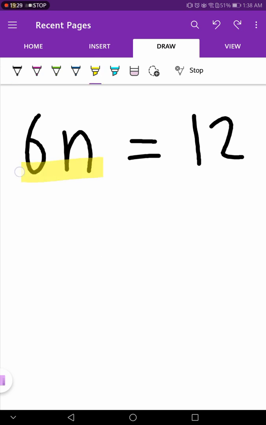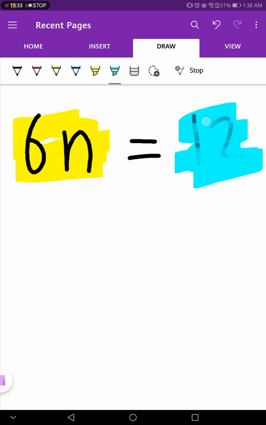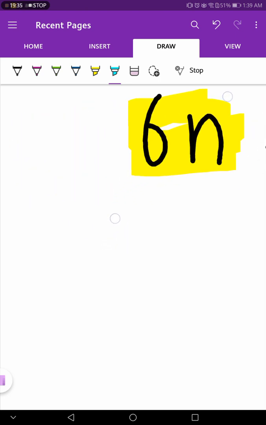Now again, left and right. Okay, move to the side that has a variable. The coefficient of n is 6, and there is a hidden multiply, as we know, and the opposite of multiply is divide. Divide by what?